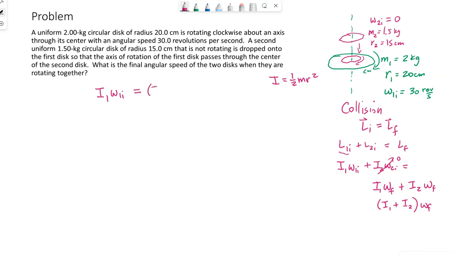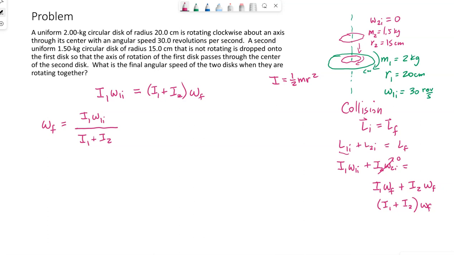Factoring out the omega final leaves us with I1 plus I2, and omega final will simply be I1 omega 1 initial over the sum of those two I's together.